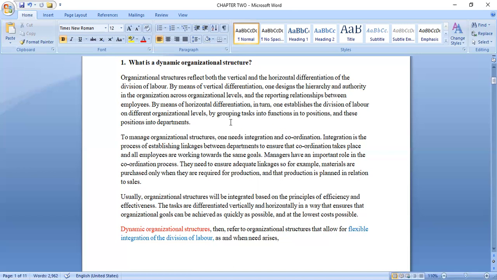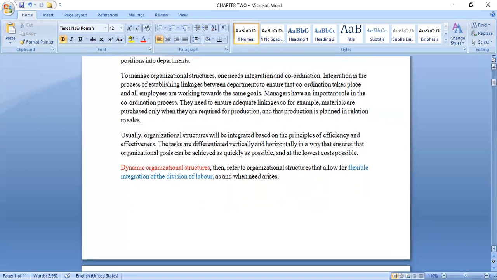For example, from the top manager up to the last worker, maybe the sweeper, that is vertical. Then horizontal, we are looking at tasks that are categorized into functions, and then functions into positions, and then positions further categorized into departments, right?